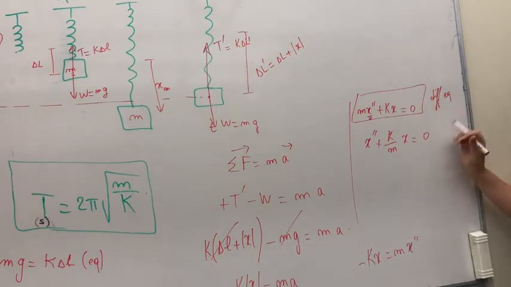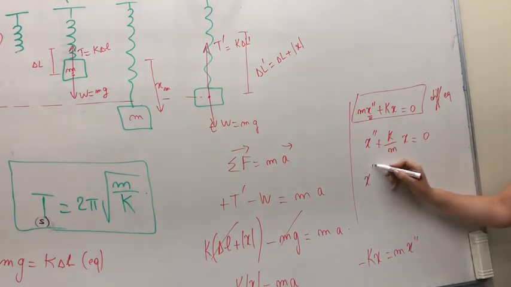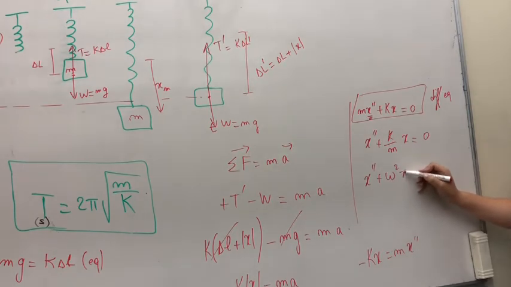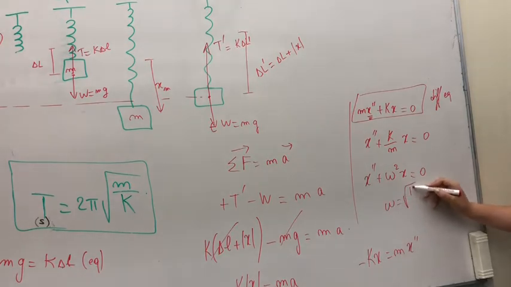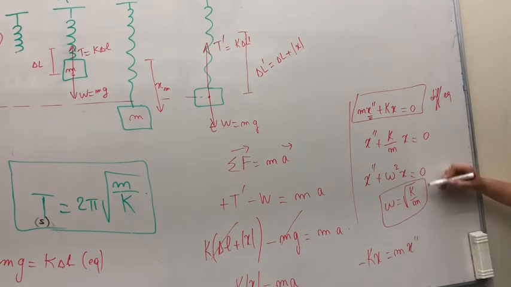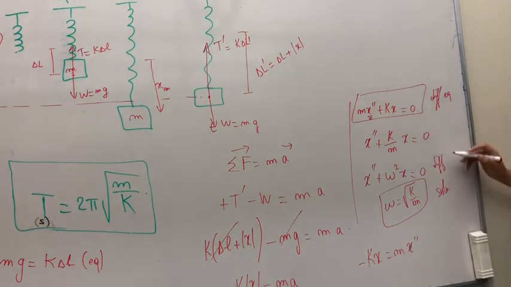it's very well known in mathematics like this, where omega is radical k over m. How? Every differential equation in math has a solution. Sorry, from here to here this is a differential equation.